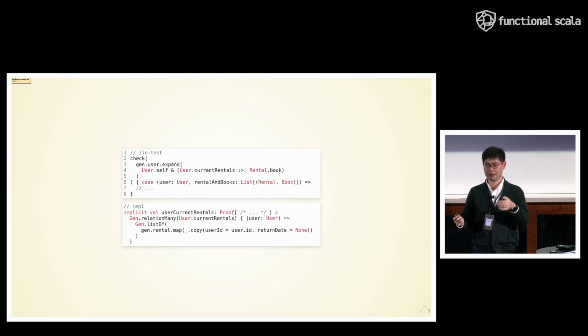You have access to the user that would be generated, so gen.rental would have the consistent user ID for all of the generated values. And because this is current rentals, the return date should be none, because it is currently being rented. So the values generated from these relation compositions will be more consistent, which means less boilerplate for your tests.